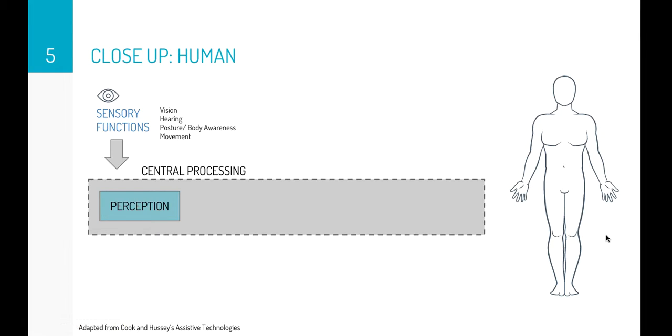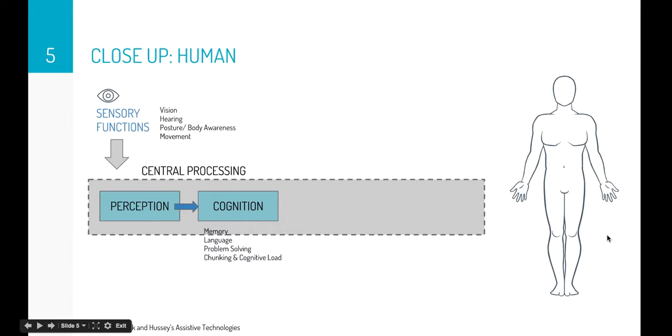So perception is related to the brain's activity to interpret outside stimuli. So for example, your vision might be clear, you don't need glasses, but when you look at a page, the letters are flipped around and turned upside down. So that's an issue with perception, not with your vision system.